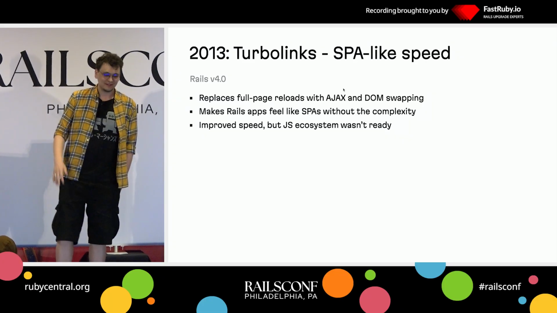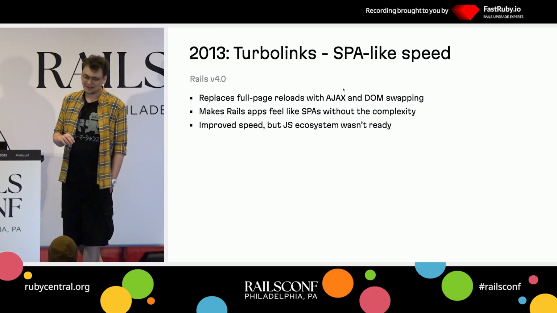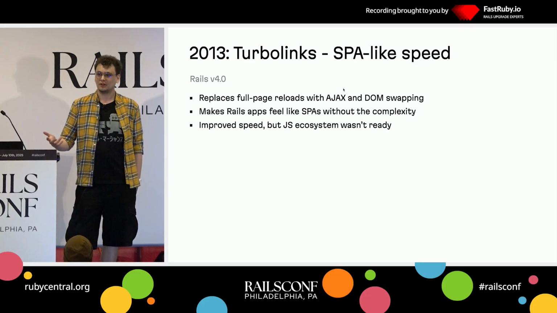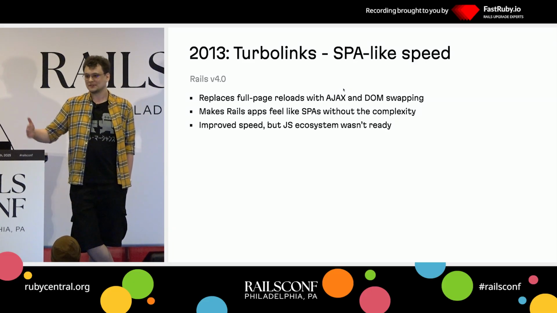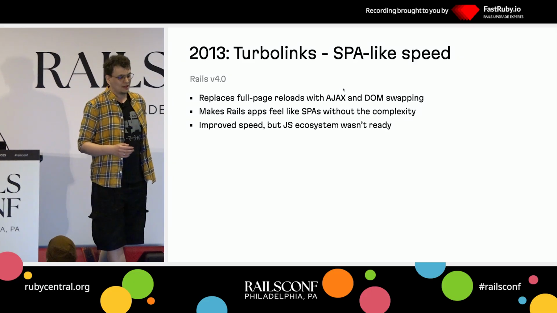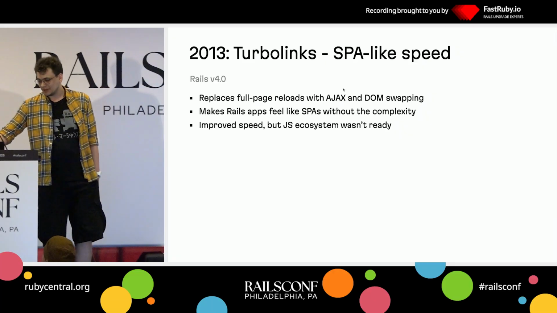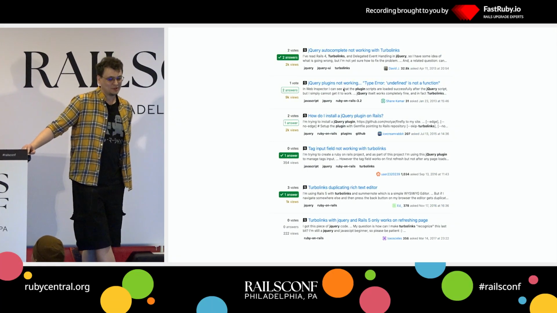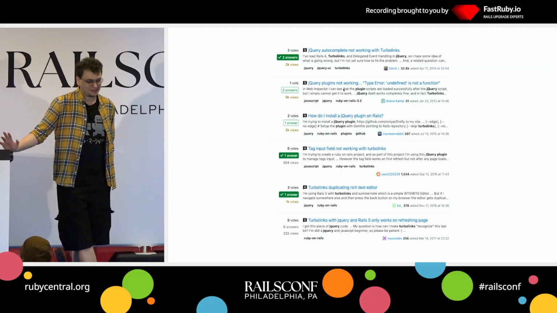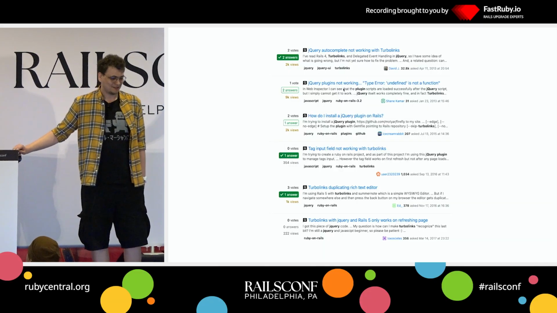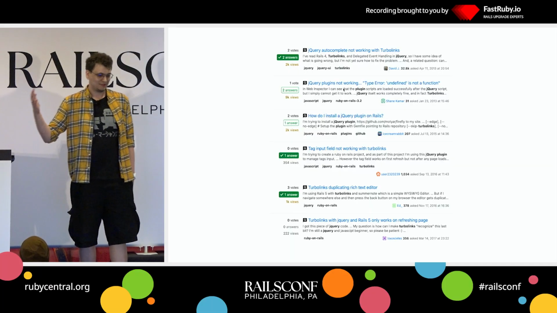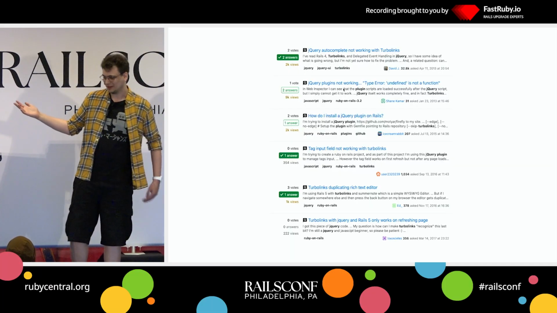Turbolinks was an attempt to automate the process of re-rendering HTML with Ajax, the same principle we saw previously. And it was a good attempt, but Turbolinks was not universally accepted, let's say. Mostly because it broke every other JavaScript plugin, and jQuery especially.